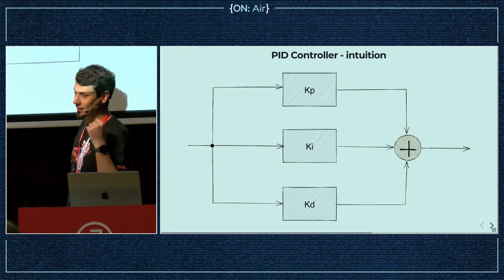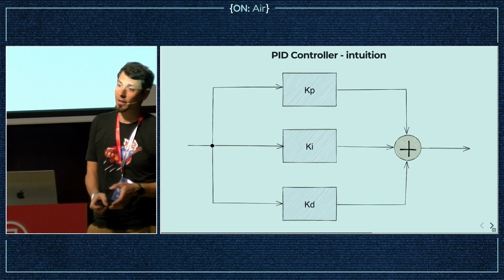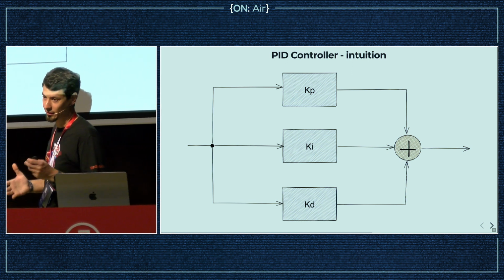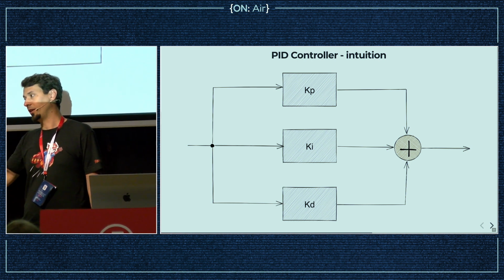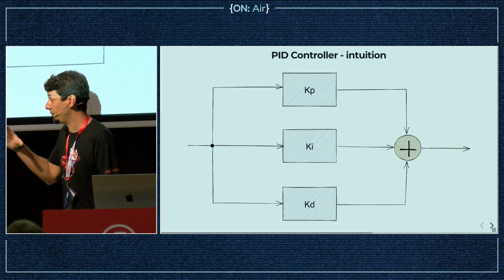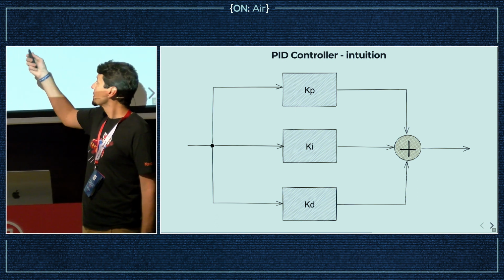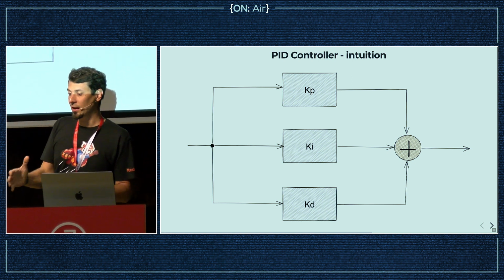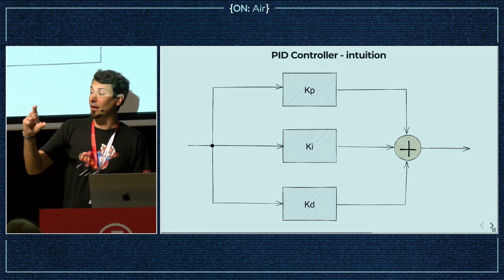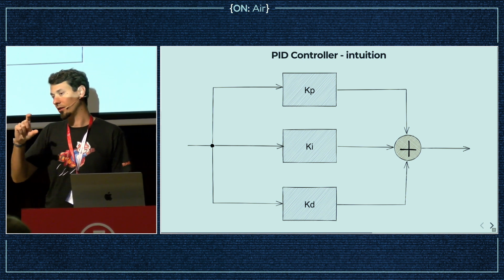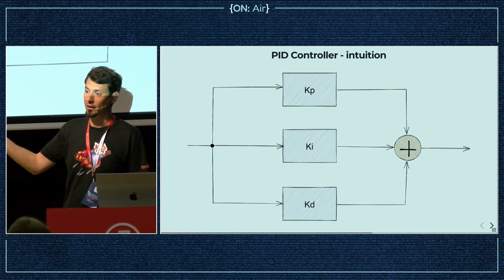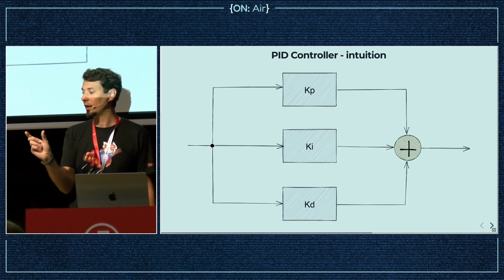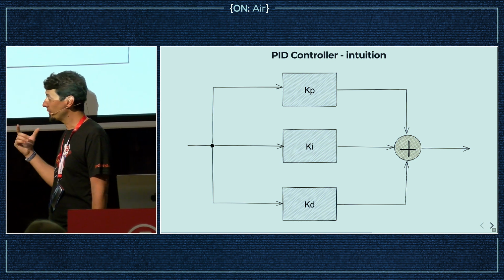But let's put this math aside, because it may seem complicated at first sight. Let's try to get an intuition of how it actually works, and why there are these components of the PID controller. The proportional part is the base one. It tells us how we would translate, say, a 1 centigrade difference of temperature on the input, in the case of an espresso machine, to an actual output, say, a duty cycle of the espresso machine heating element.